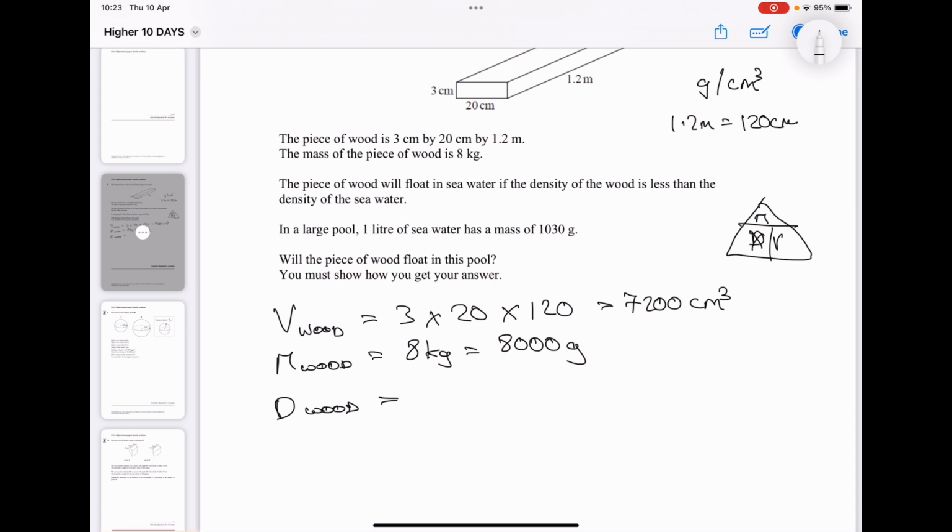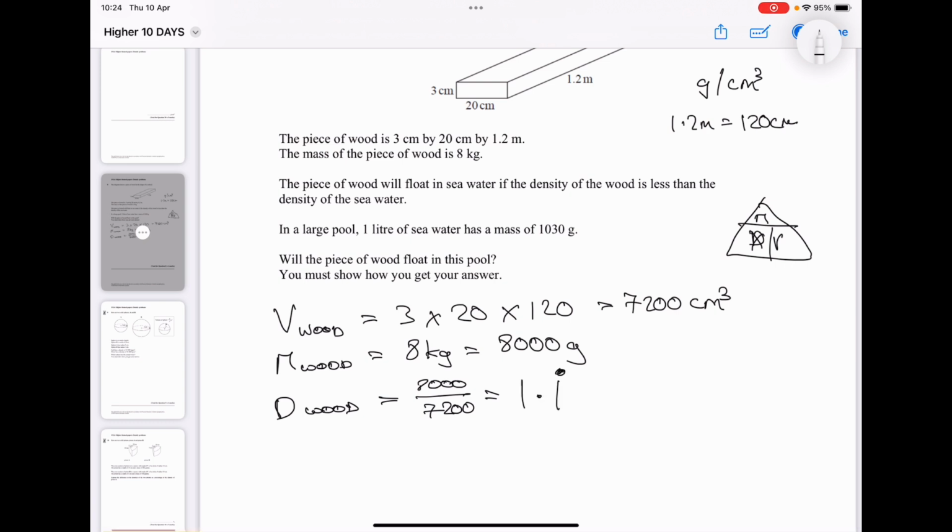So mass is 8,000 divided by 7,200. Always check these things because it'd be easy to get those the wrong way round. So we've got 8,000 divided by 7,200 equals 1.1 recurring.